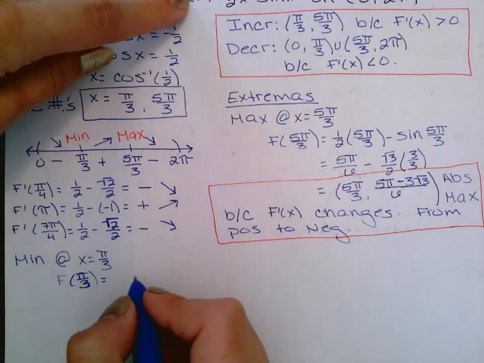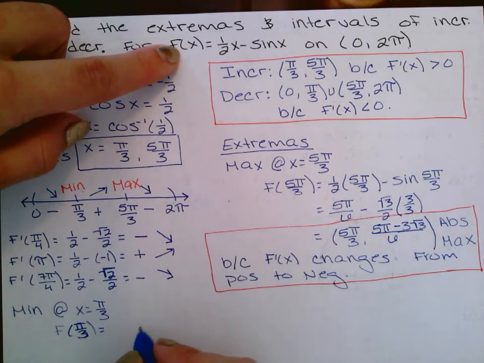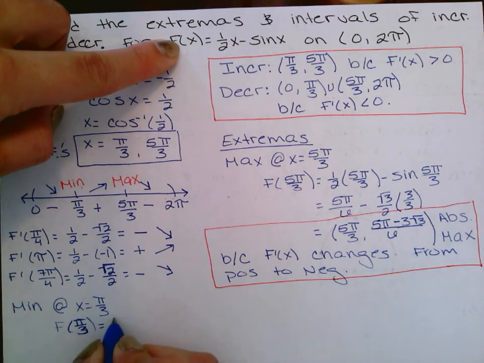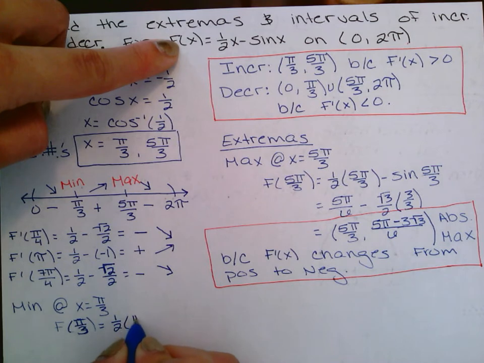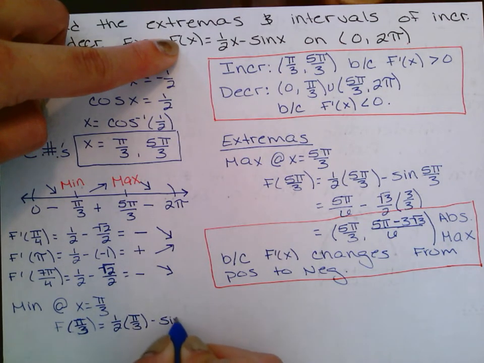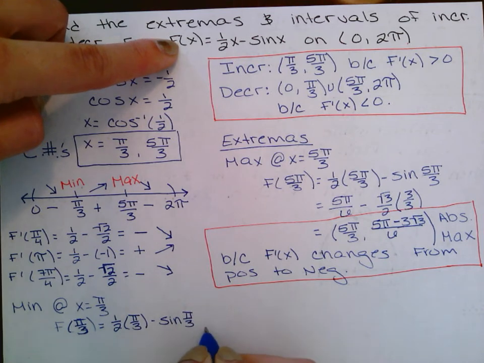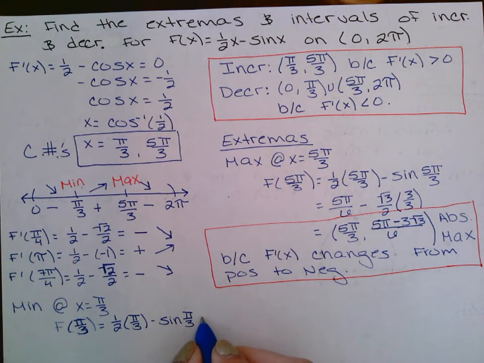I have to plug it into the original, which was right here, okay? So I'm writing half times pi over 3 minus sine of pi over 3. Okay? This will end up giving me pi over 6 minus radical 3 over 2.